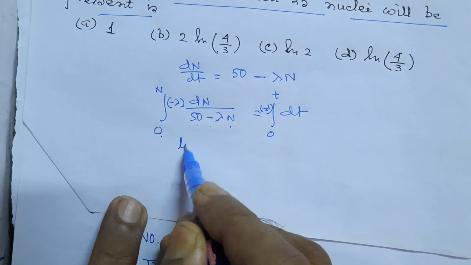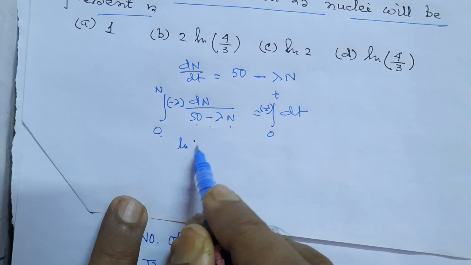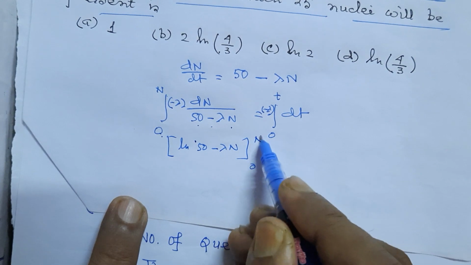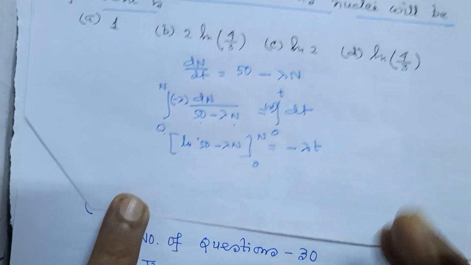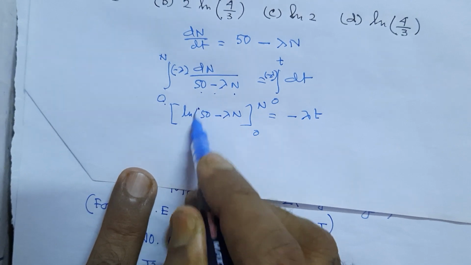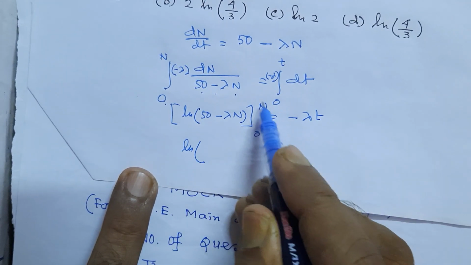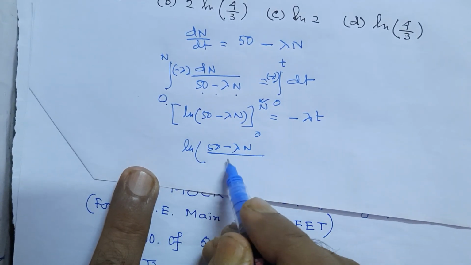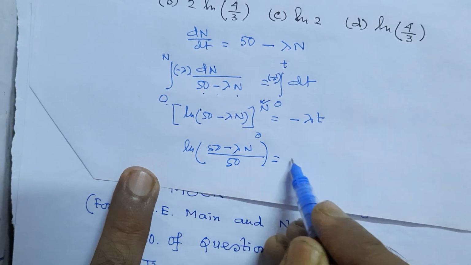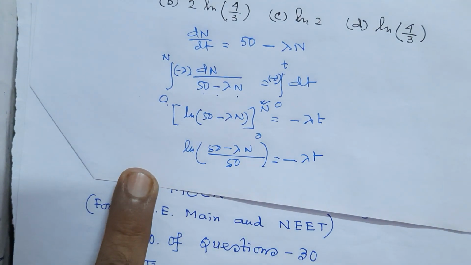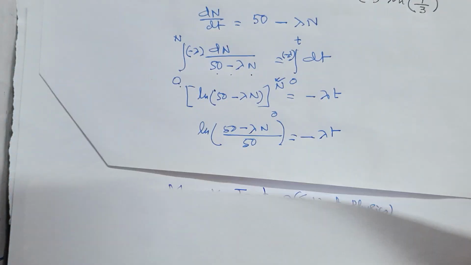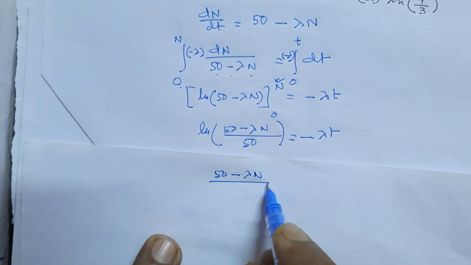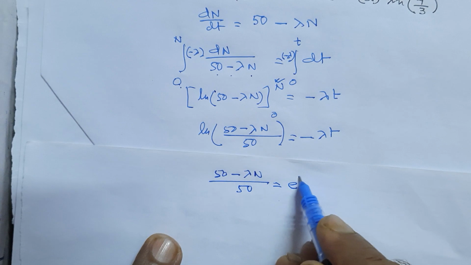So the integration gives ln of 50 minus lambda n, where the limit varies from 0 to n, equals minus lambda into t. Now the upper limit gives ln of 50 minus lambda n, and the lower limit n equals 0 gives ln 50. So 50 minus lambda n by 50 equals e to the power minus lambda t.